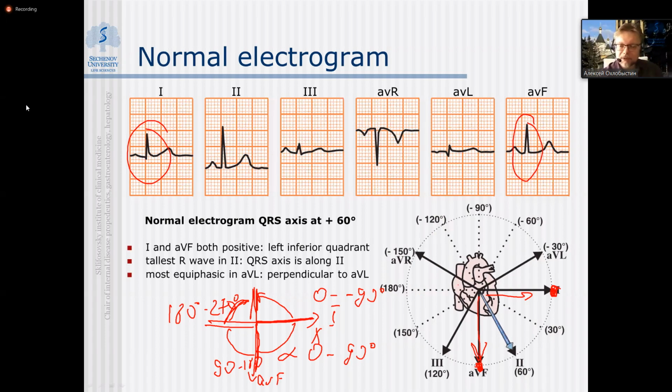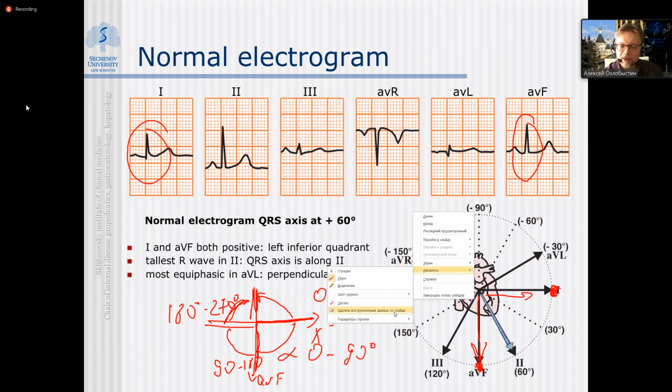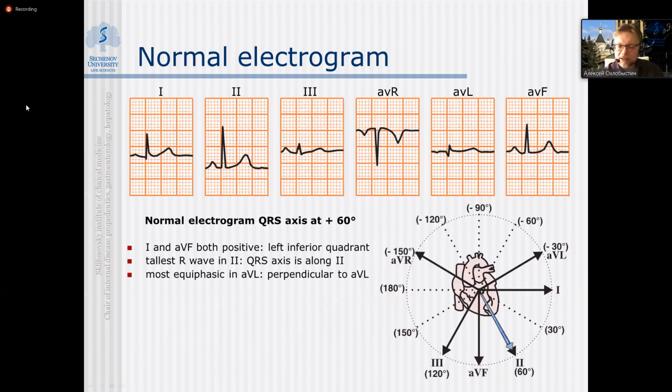The point is that if you have dominating positive deflection in, let's say, AVF, a complex like this: small negative, high positive, and small negative, it means that activation is going in that direction, and it gives the highest positive projection to the axis of AVF. Here is the positive side of AVF.